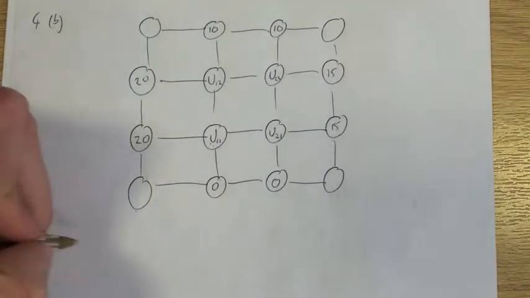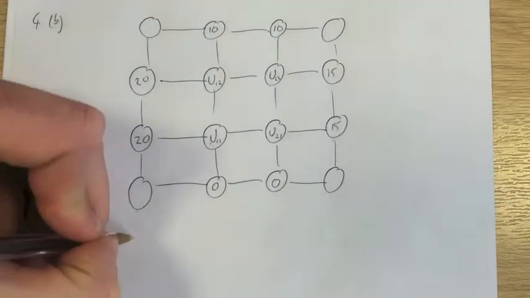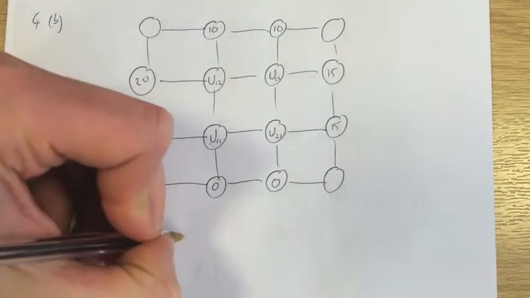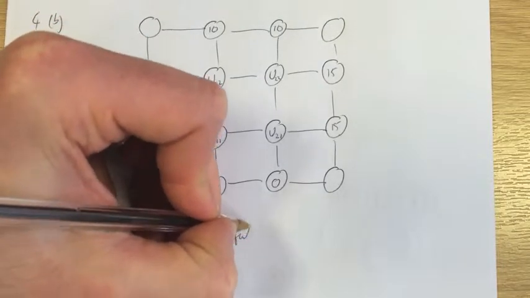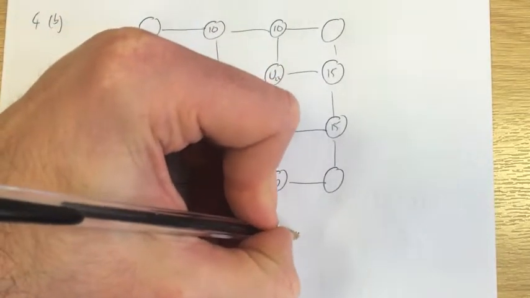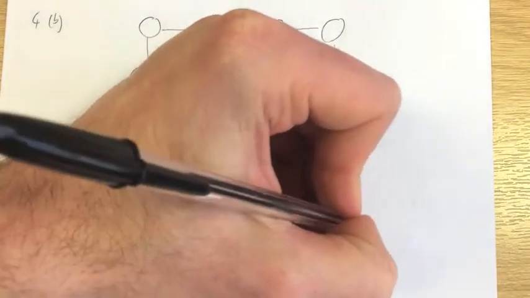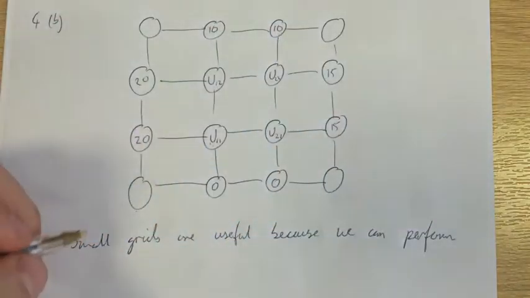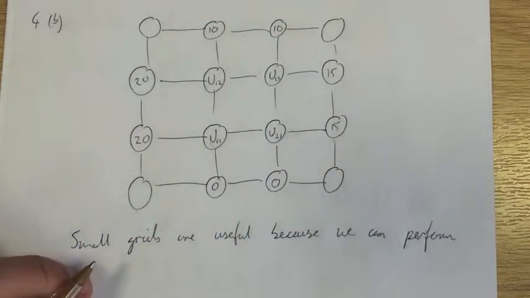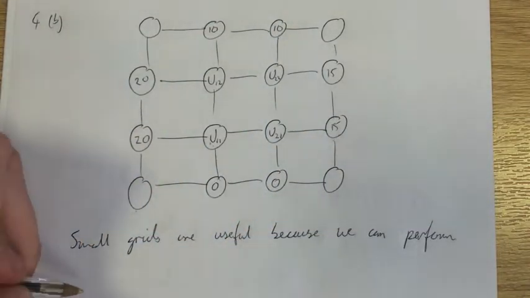Why is a small grid useful? Small grids are useful essentially because we can perform a pen and paper calculation. That's to verify that if we were to write a program to perform the calculations, it's correct.